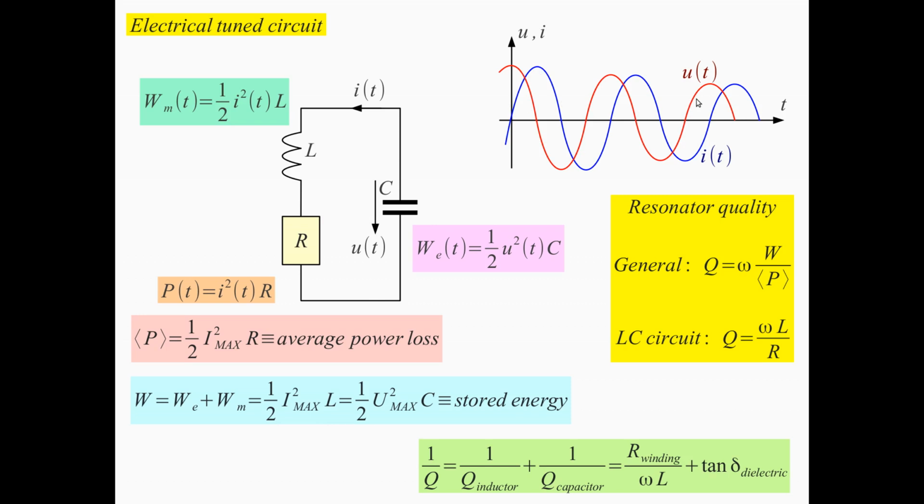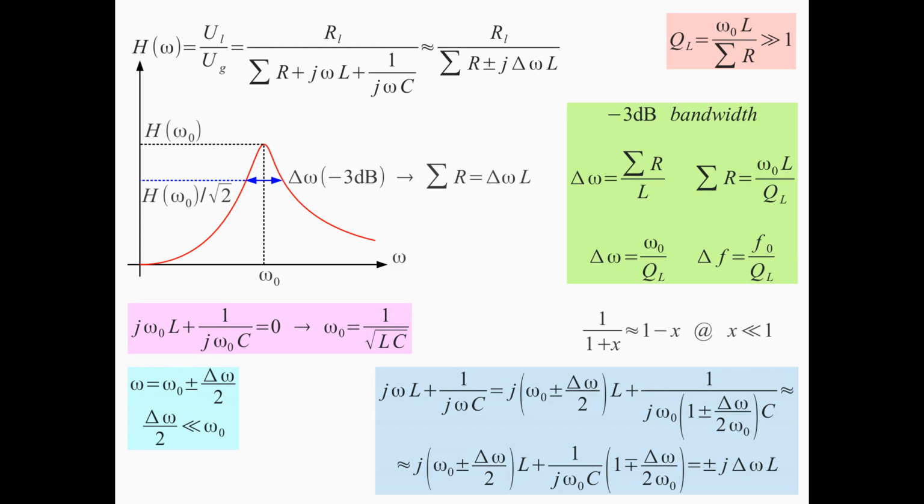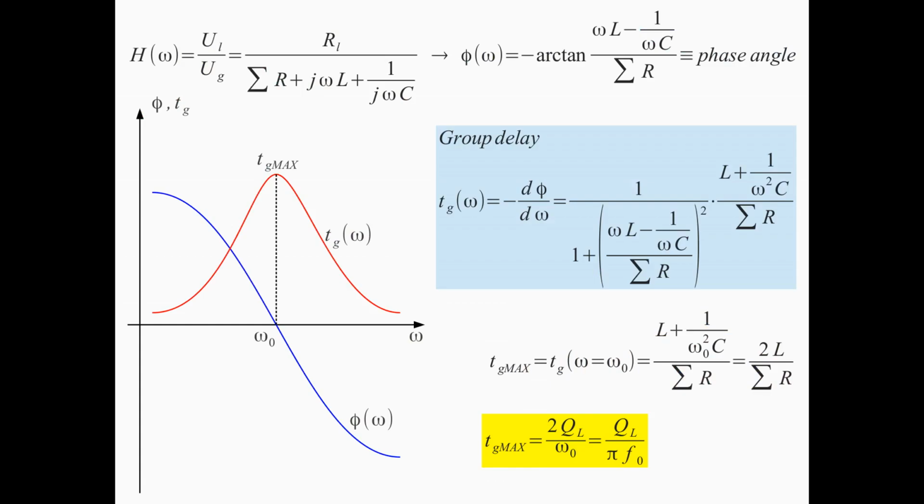So if I put in a modulated signal, this modulated signal will be delayed by the group delay of this filter. The group delay is the minus derivative of the phase angle over omega. If I calculate this, I get the expression here for the group delay.